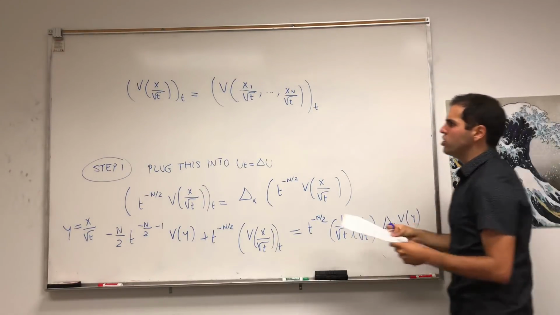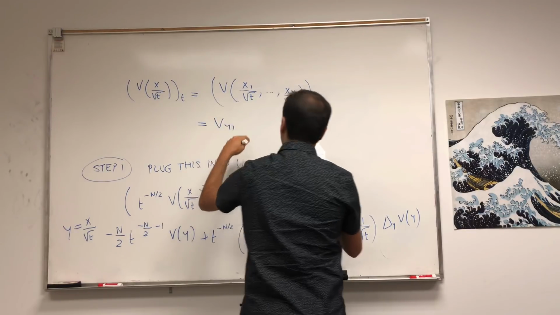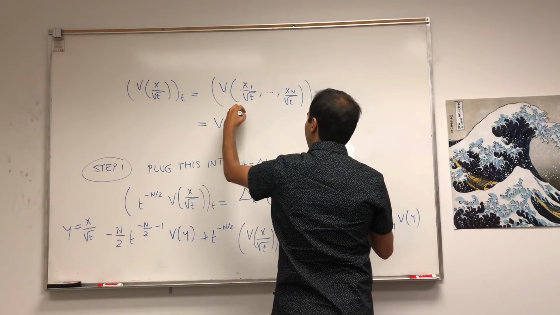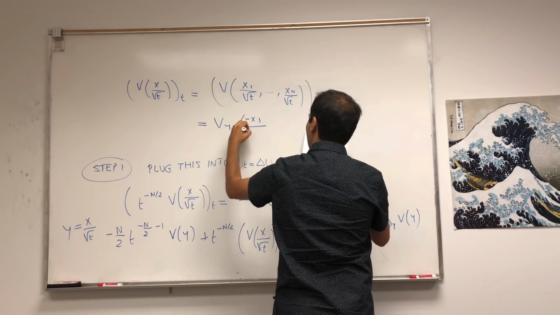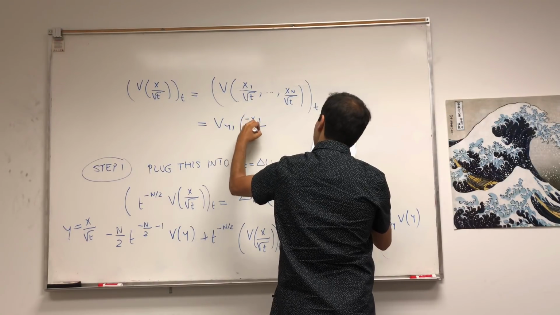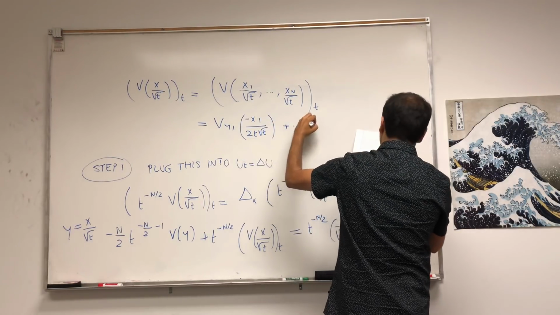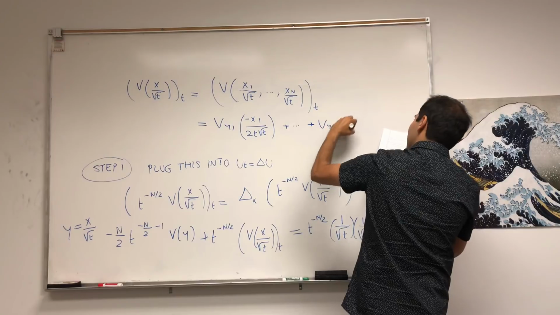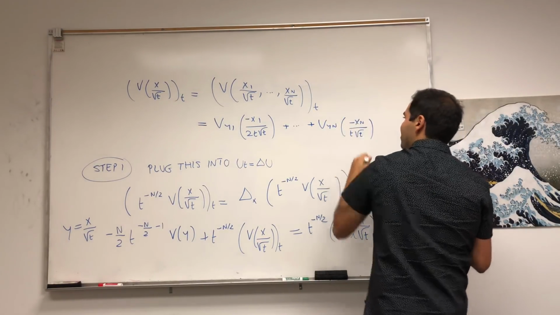And now just use the chain rule. So that's really v_y1 and the derivative of that with respect to t, which is, I think, minus x1 over 2 t to the 3/2. Again, just use the power rule, plus dot dot dot, plus v_yn times minus xn over 2 t to the 3/2.